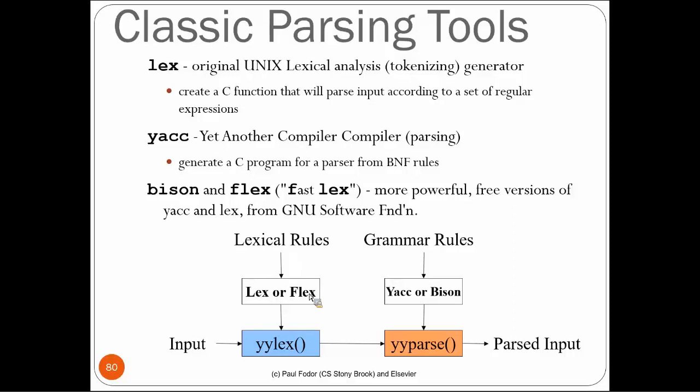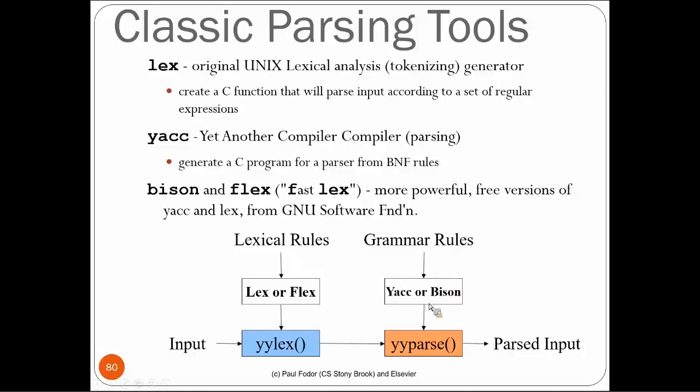Then there are more advanced, powerful versions of Lex and Yacc. They are re-implementations of Lex and Yacc for Linux by the GNU Software Foundation. Again, the lexical rules, which are regular expressions for tokens, are the input for Lex and Flex, which generate C code.